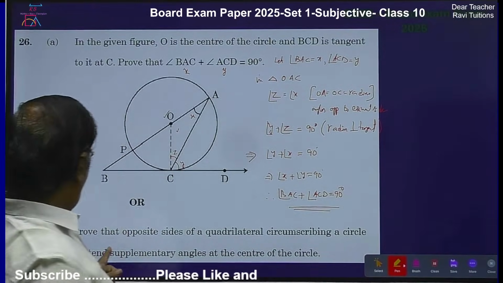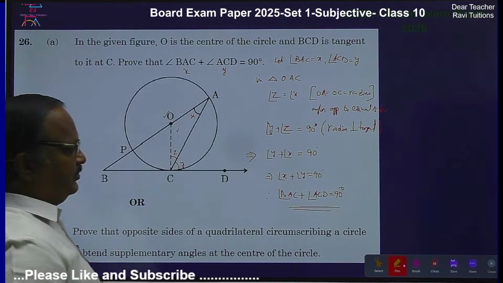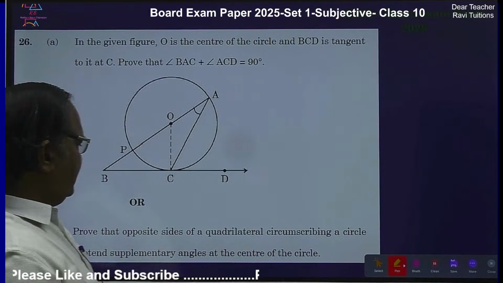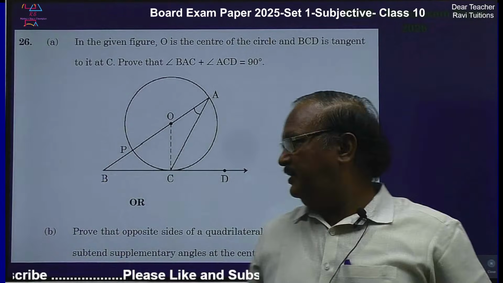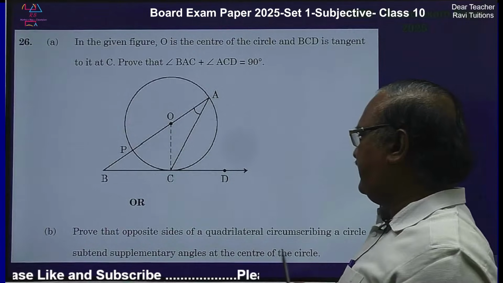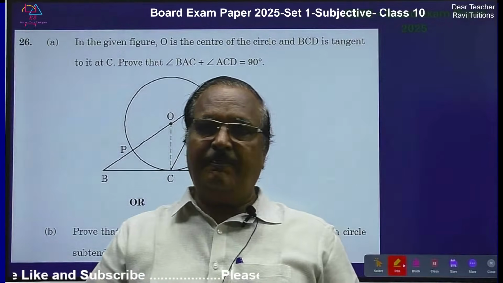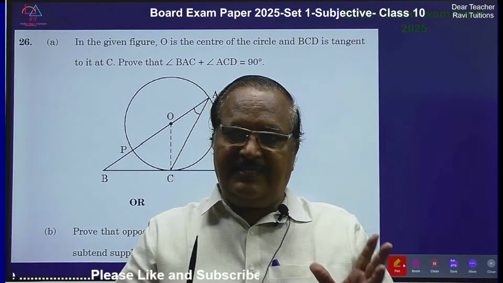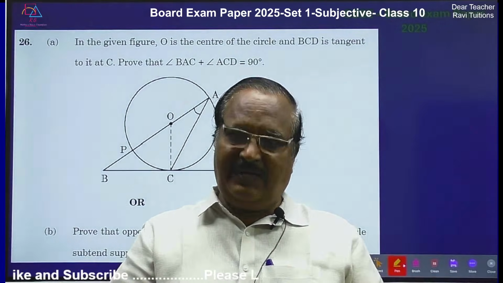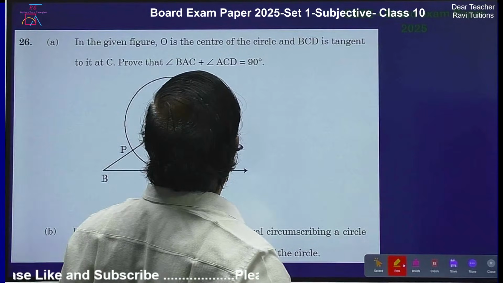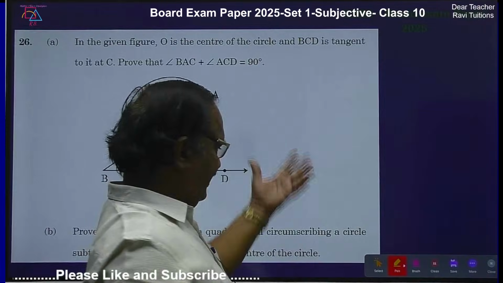Now let us do 26b also. Prove that the opposite sides of a quadrilateral circumscribing a circle subtend supplementary angles at the centre. Okay, so you should know what is circumscribing. Now what I will do, I will draw, because I have no tools.